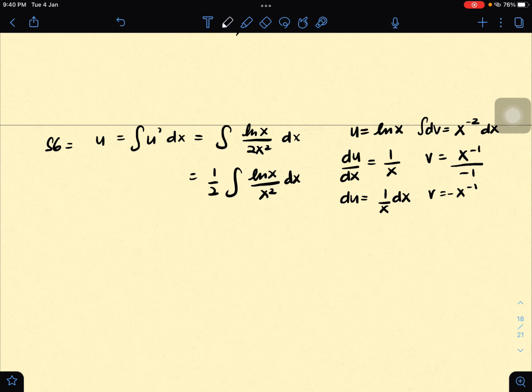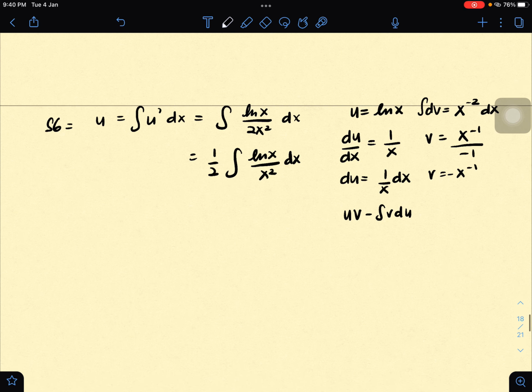And then put into the integration by parts formula, which is uv minus the integral of v du. So your u is ln x, your v is -x^-1, minus the integration of v multiplied by du. So you will have the integration of -1 over x square dx.